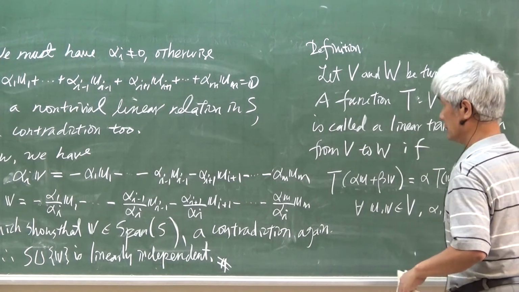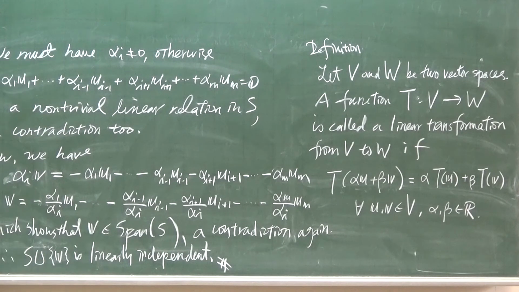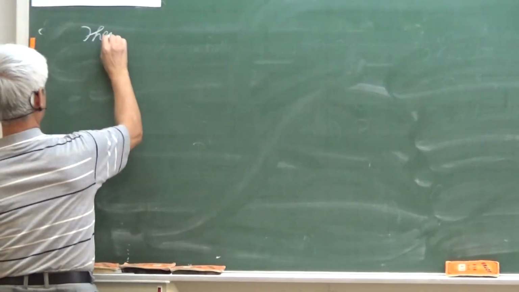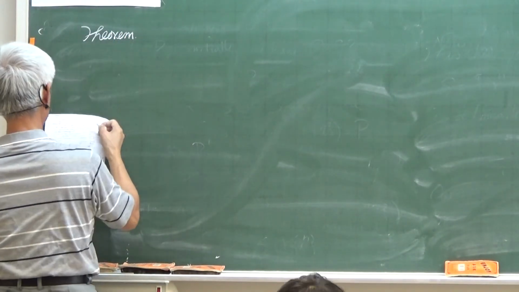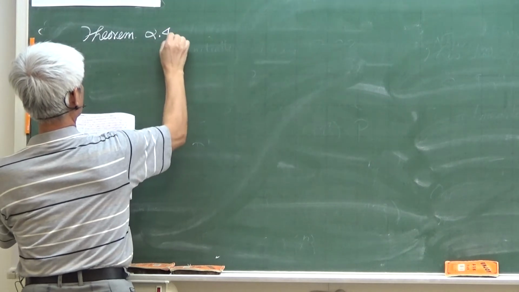And the following theorem gives us a tool to verify whether a function could be a linear transformation. So I just state the theorem. Maybe I have no time to prove it.